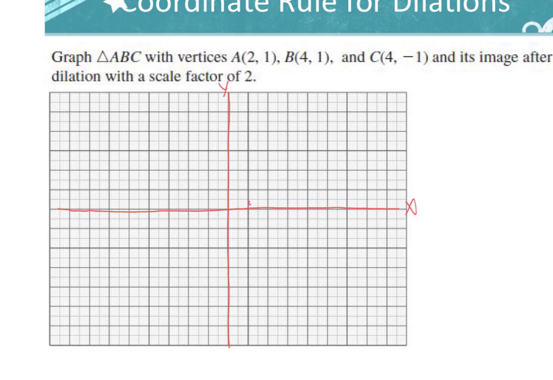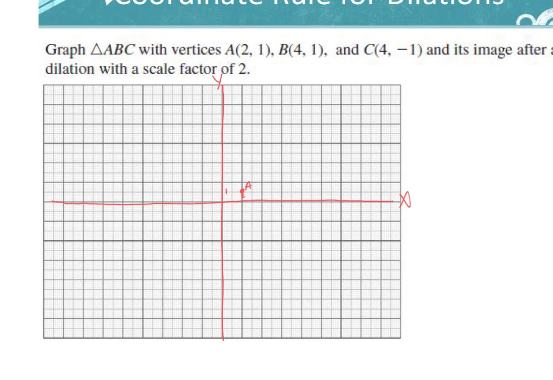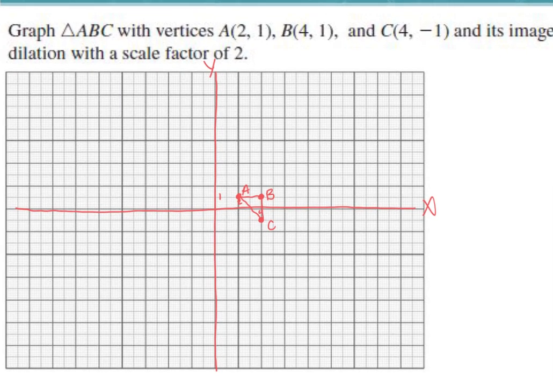So this is 2, up 1. This is A. B is at 4, 1. This is B. And then C is at 4, -1. C. We connect all these, and that's our original image, okay?